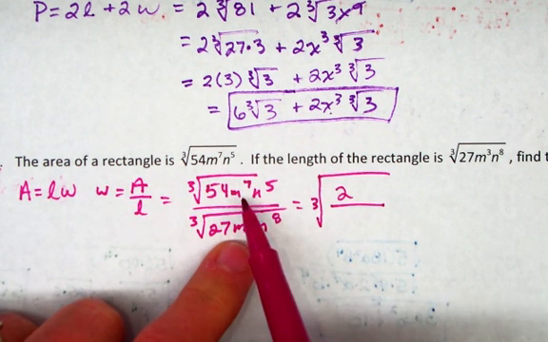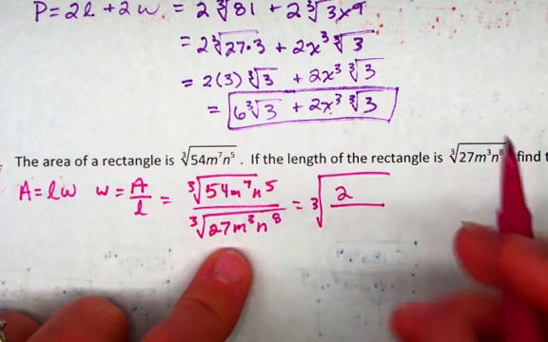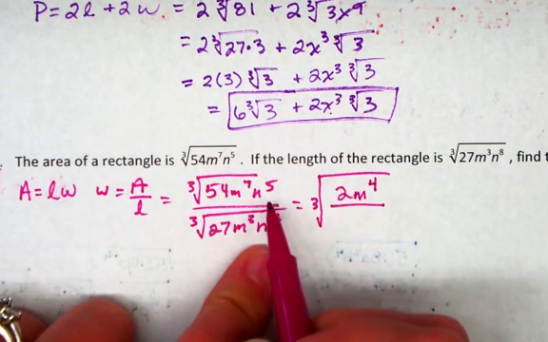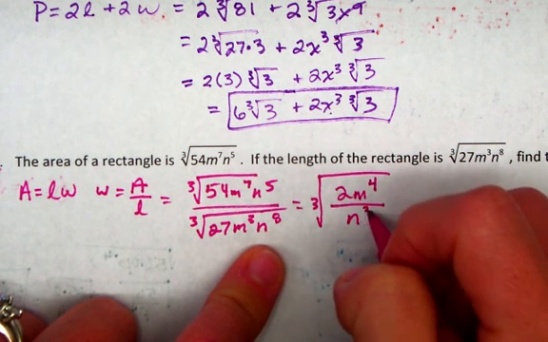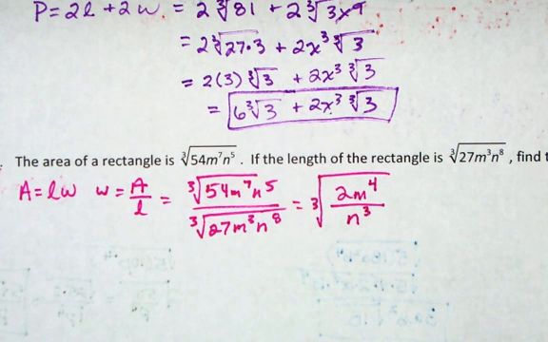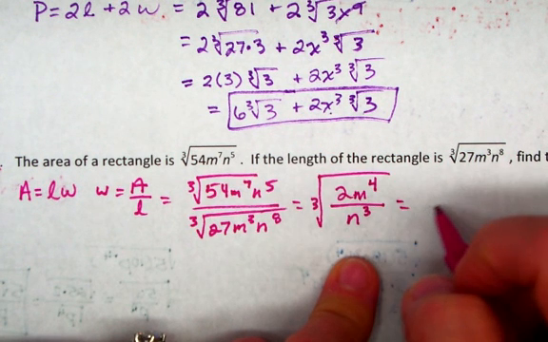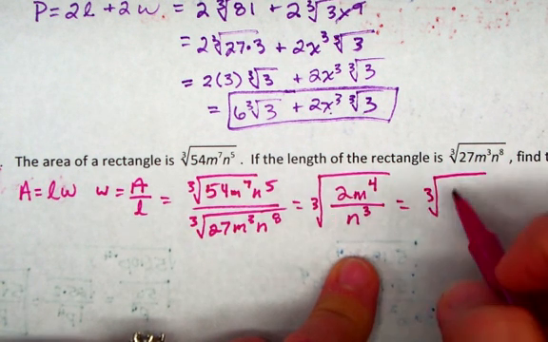I have 7 m's on top and 3 m's on bottom, so that's going to give me m to the 4th on top. I have 5 n's on top, 8 on bottom, so that's n to the 3rd on the bottom. All right, so if I want to take the cube root, the 2 I can't change.